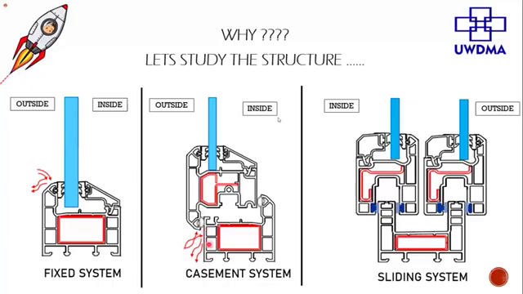Of course, for sound, glass also plays a major role, but here we are talking about entry points. So from these points, there would be no entry of any sound or dust.